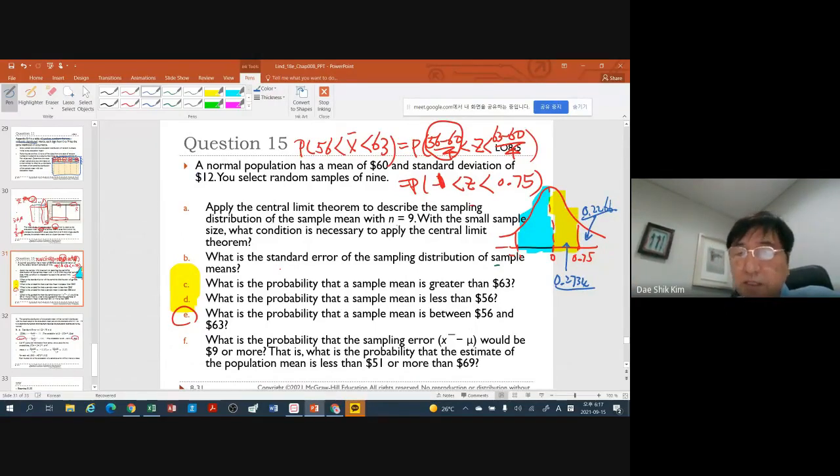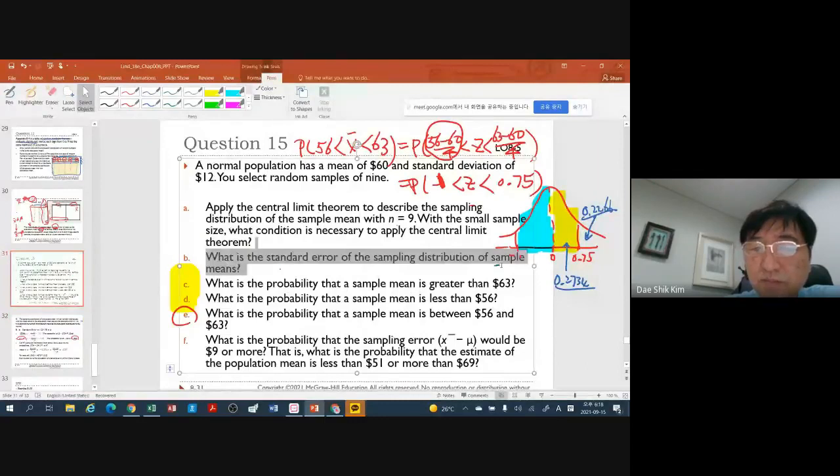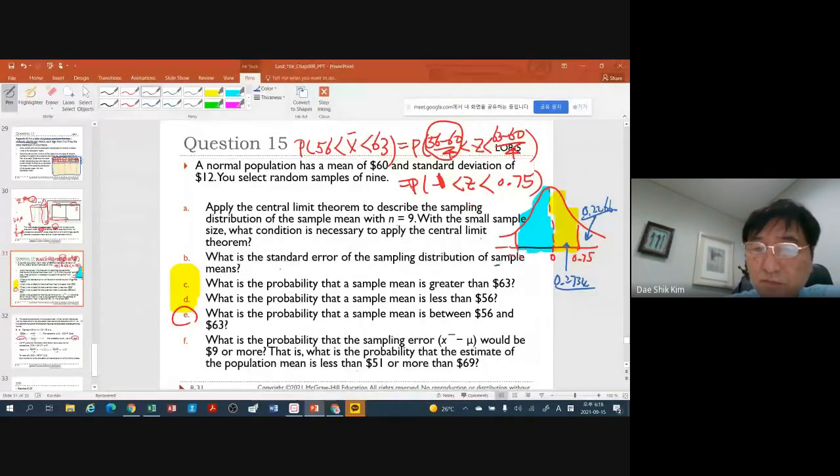Part D, less than 56. Let's see, D is 0.1587.